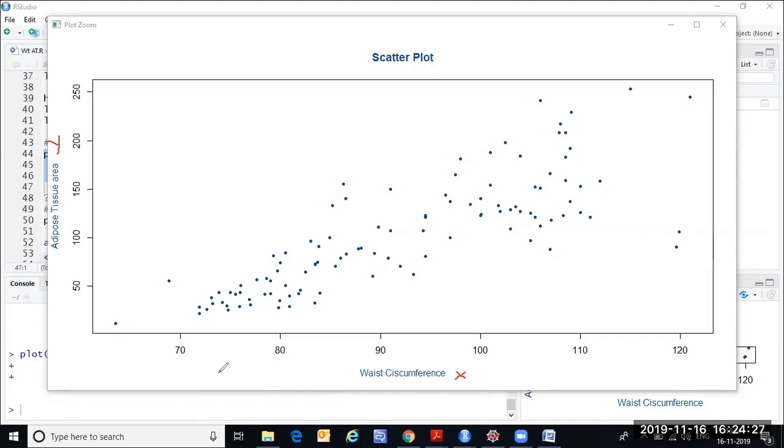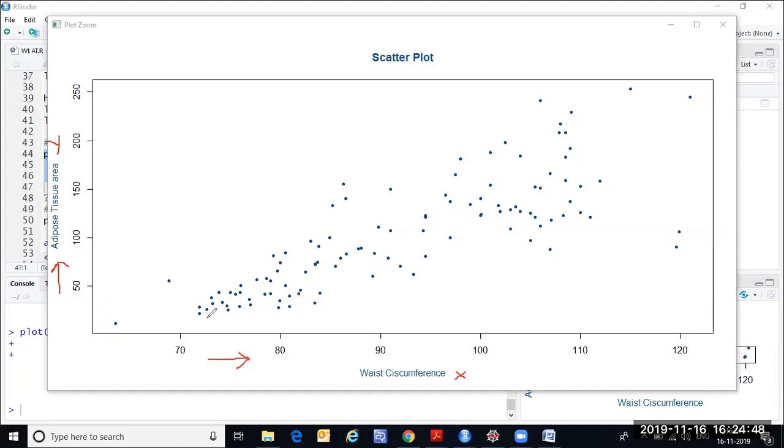So first of all, coming to the direction, is it a positive relationship or a negative relationship? Positive. There is a positive relationship because when x is increasing, y is also increasing. So how strong is the relationship?